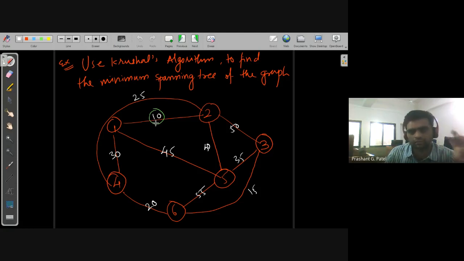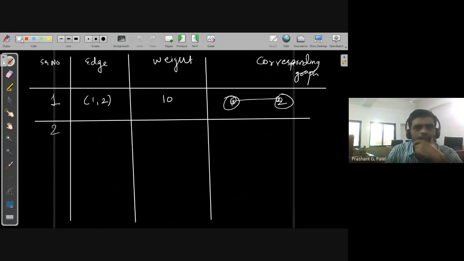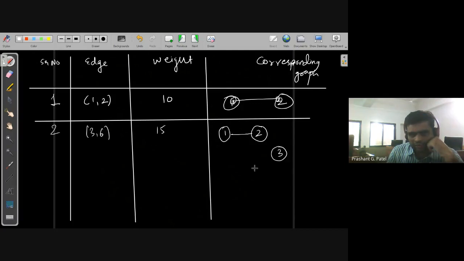That is the rule. So the next minimum edge is 15 that we can see here. So the edge is 3, 6. The weight is 15. The corresponding graph you will have 1 to 2 and 3 to 6.